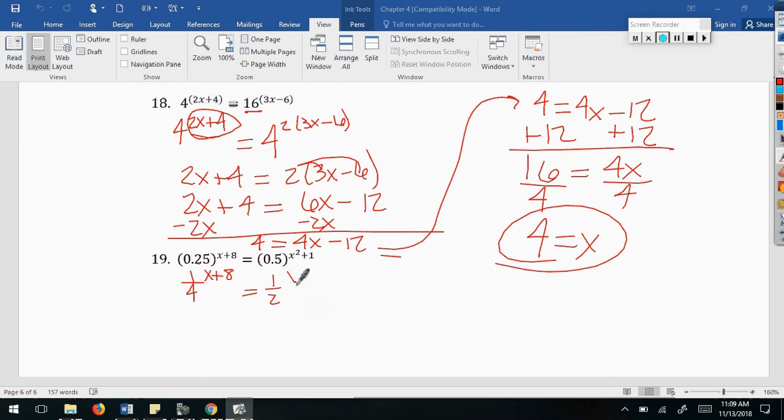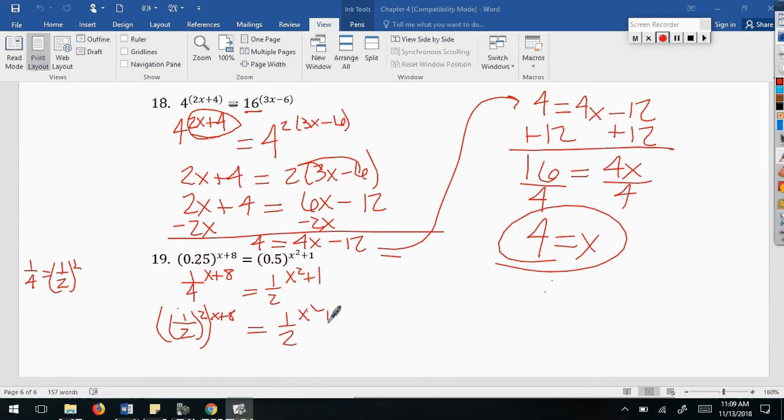So if I think about how I can rewrite these with the same base, 1/4 is the same thing as 1/2 to the second power. So I'm going to change this 1/4 to 1/2 to the second power, and then the x plus 8 is still there. Okay, so now the bases are exactly the same.